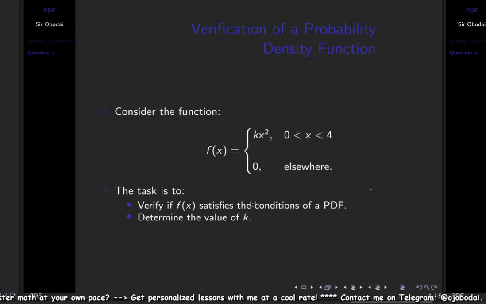In solving the question, I'll try my very best to give a visual representation of what the function looks like. The question has asked us to consider this function. Our first task is to verify that f of x satisfies the condition of a probability density function. Secondly, we have to determine the value of k.